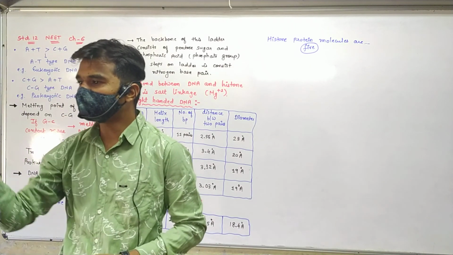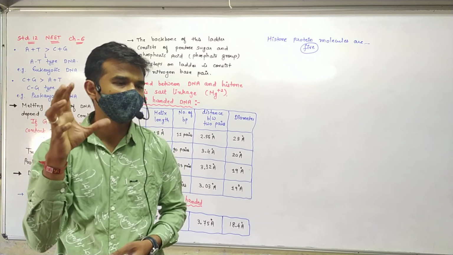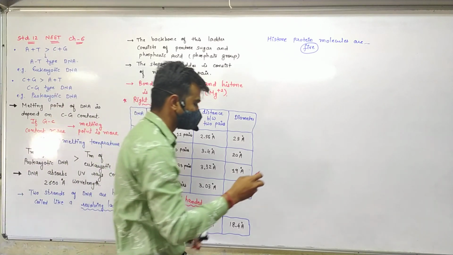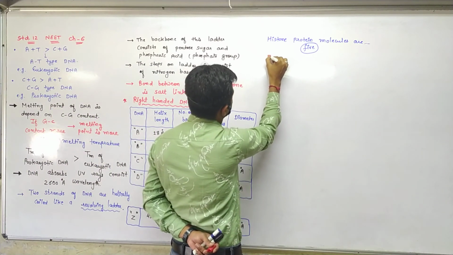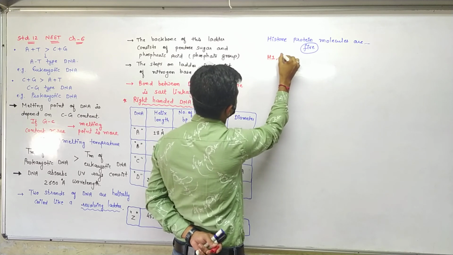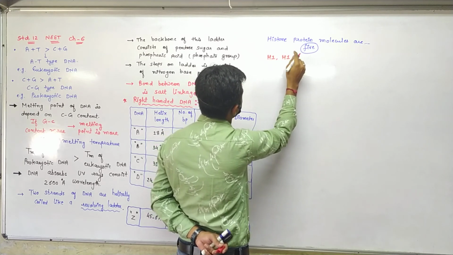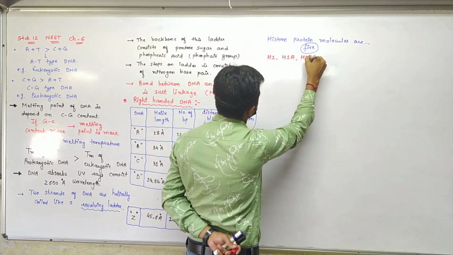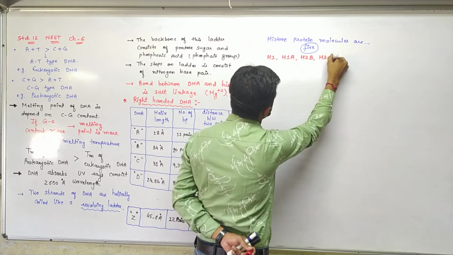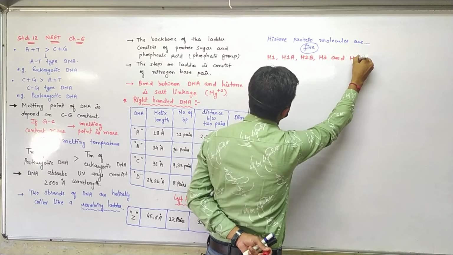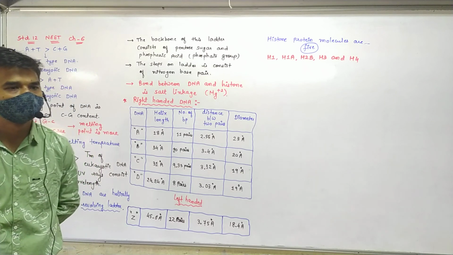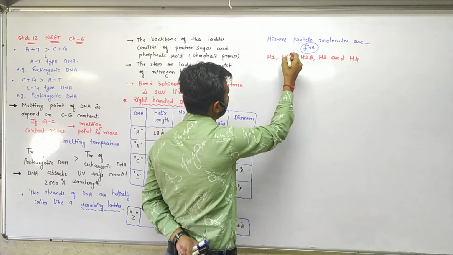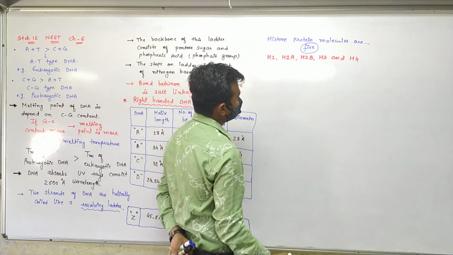Histone protein molecules are actually 5. Confused? Let me clear this. H1, H2A, H2B, H3 and H4.